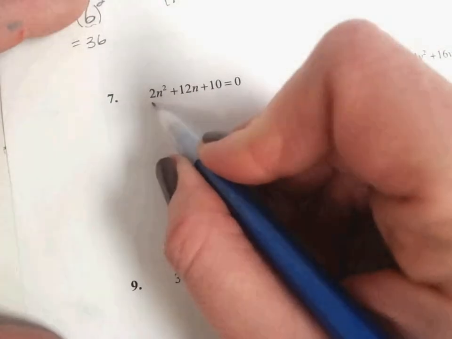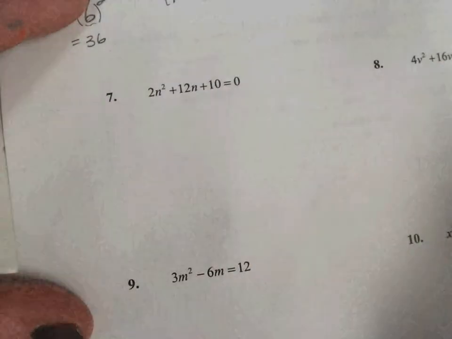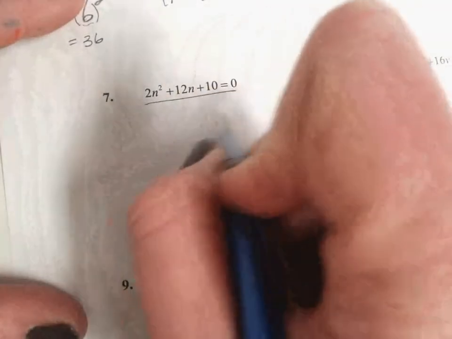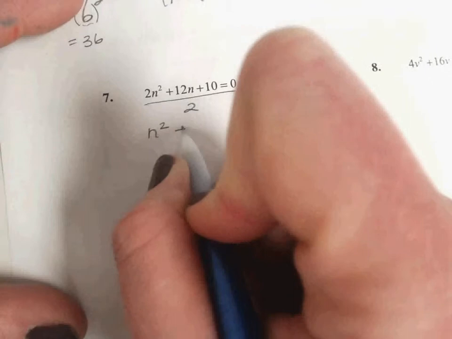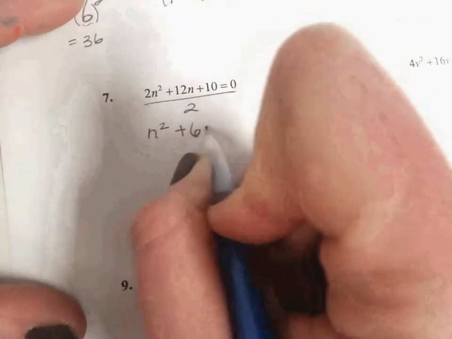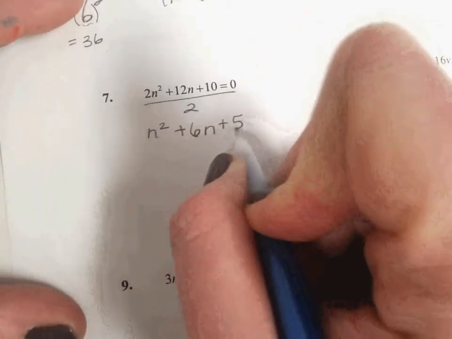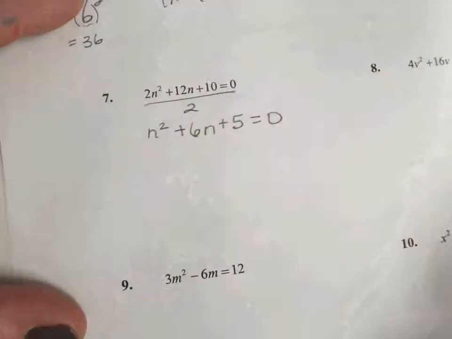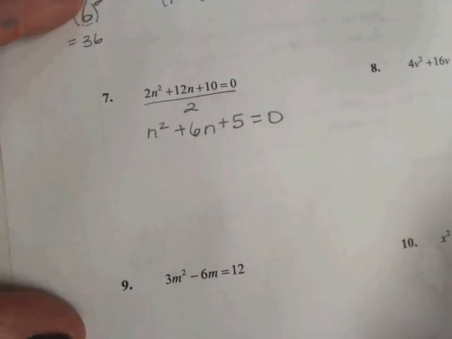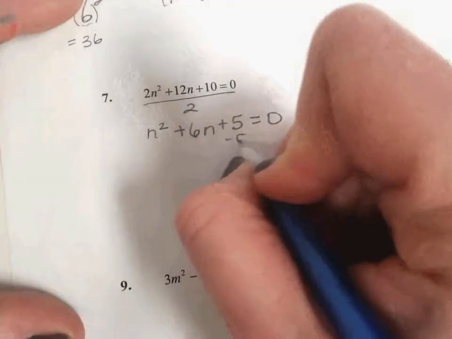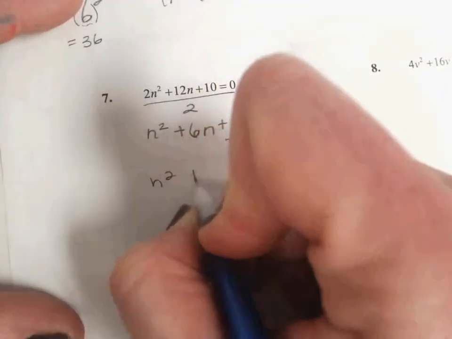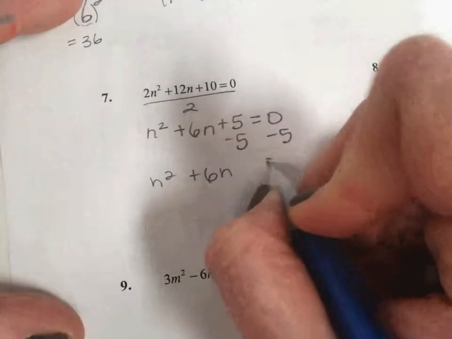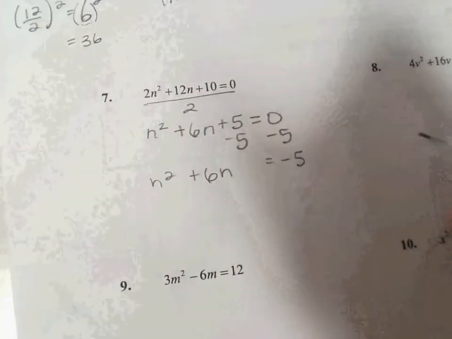Number 7. Again, our a value needs to be 1. So we're going to start off by dividing everything by 2. And we get n squared plus 6n plus 5 equals 0. Next step is to isolate the c value. So we have n squared plus 6n equals negative 5.